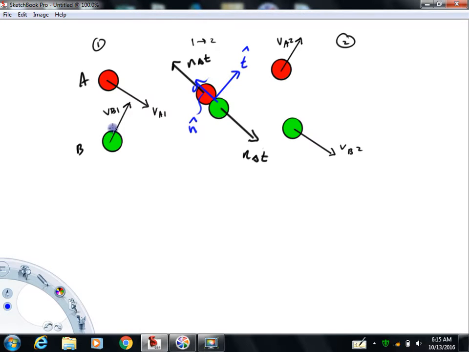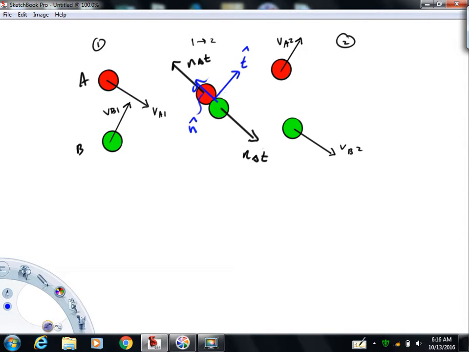But I'm going to save that for another video. So again, individually, for these masses you can write a momentum conservation if you're very careful about the direction that you apply it in. And in order to decide the direction, you have to look at the normal direction, and then you'd apply it in a direction perpendicular to that.